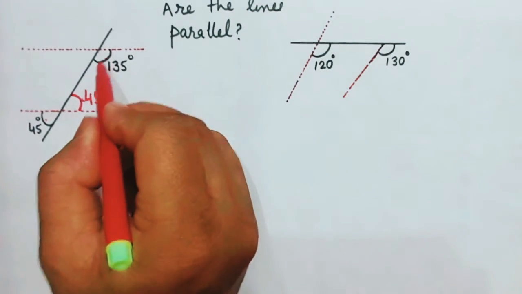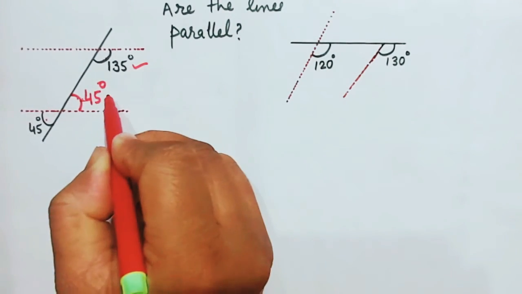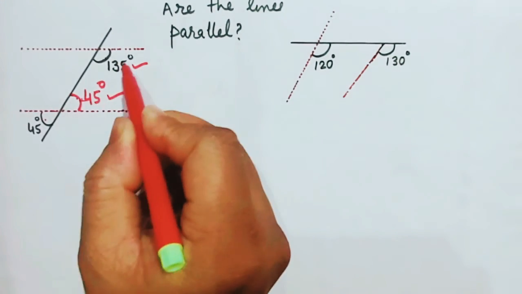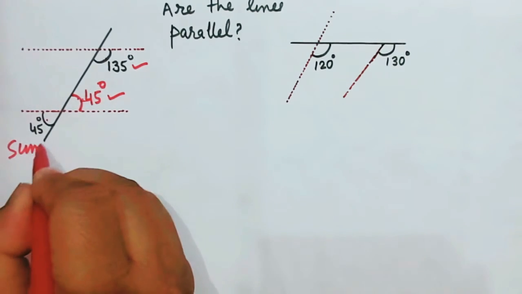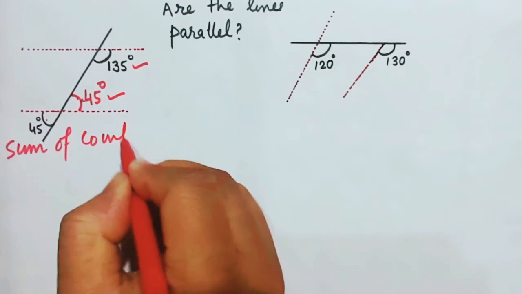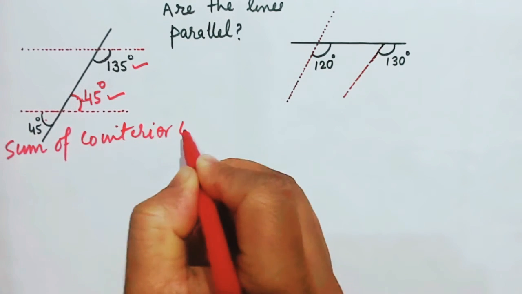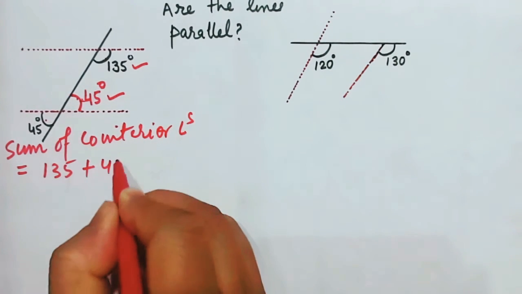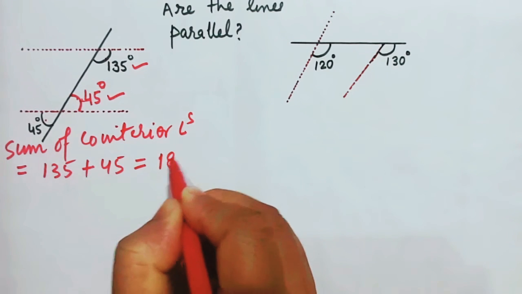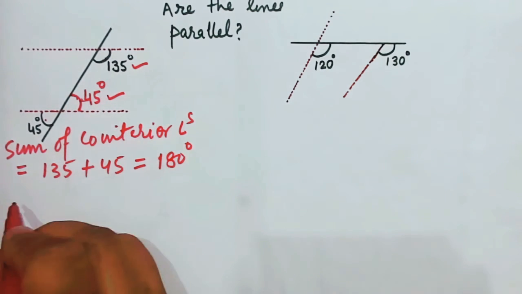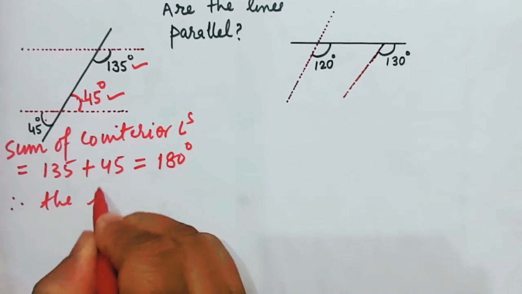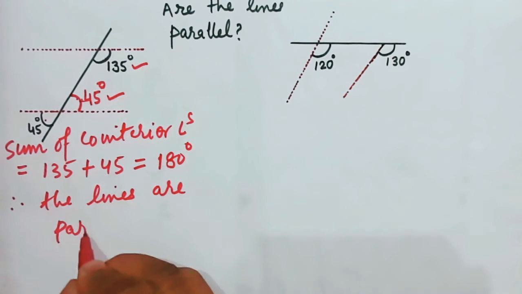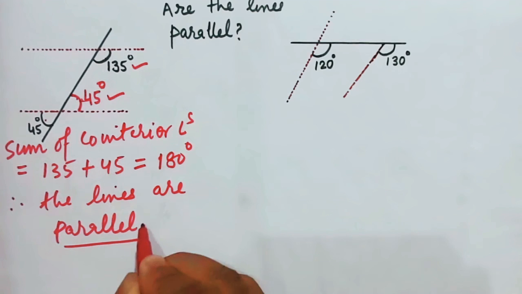Now, this angle and this angle are co-interior angles, and their sum should be 180 degrees. So, the sum of co-interior angles is equal to 135 plus 45, which is equal to 180 degrees. Therefore, the lines are parallel.